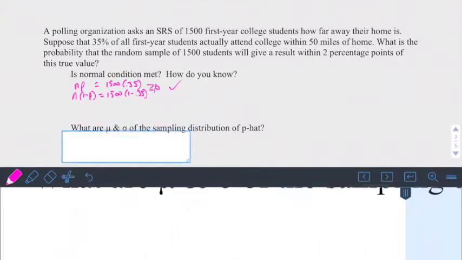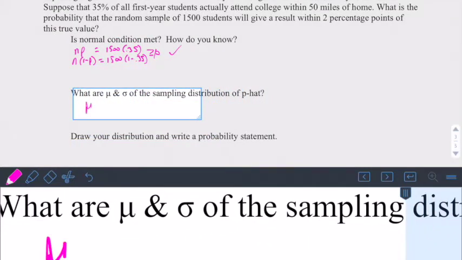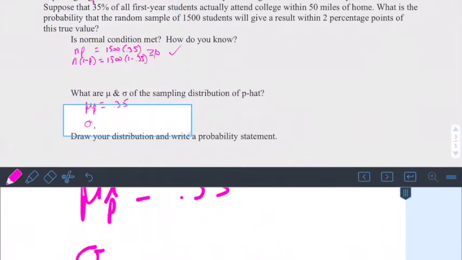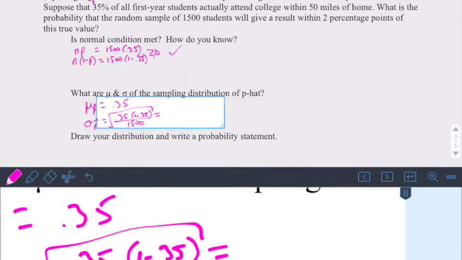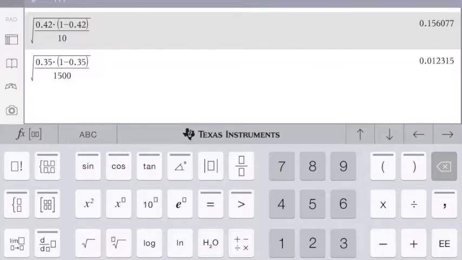What are mu and sigma of the sampling distribution of p hat? Well, mu of p hat will be 0.35, right? Because that's our population p. Sigma of p hat will be the square root of 0.35 times 1 minus 0.35 over 1,500. I'm actually going to find this because we need it. 0.0123.